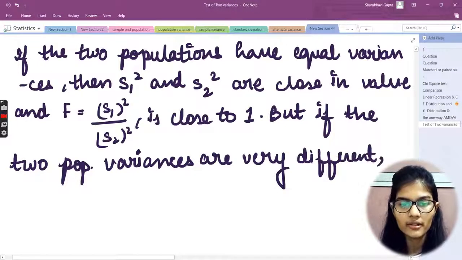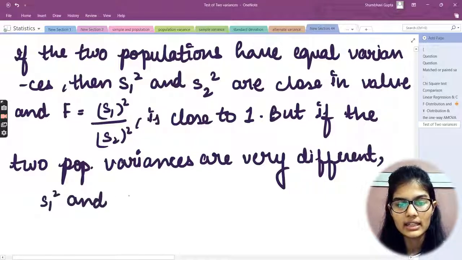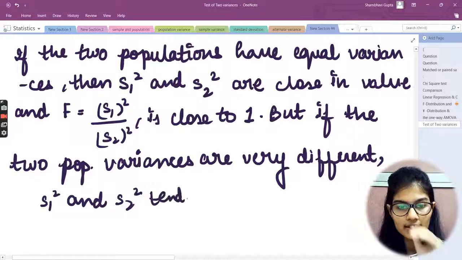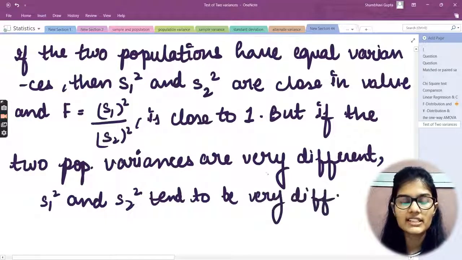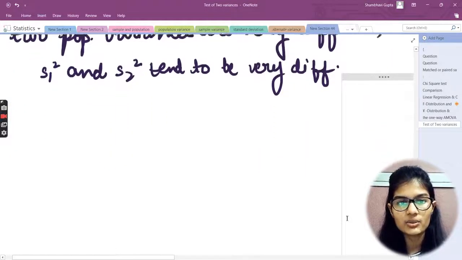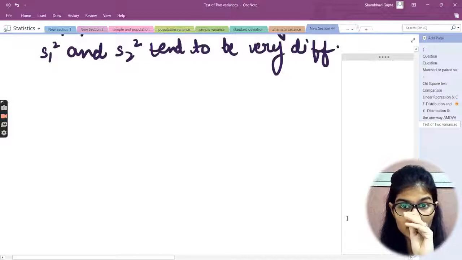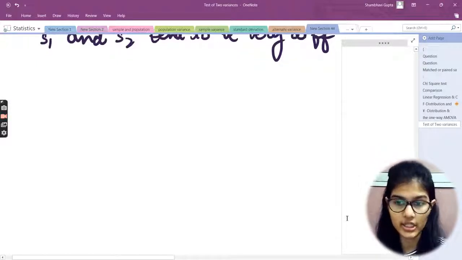Then S1 square and S2 square tend to be very different from each other.